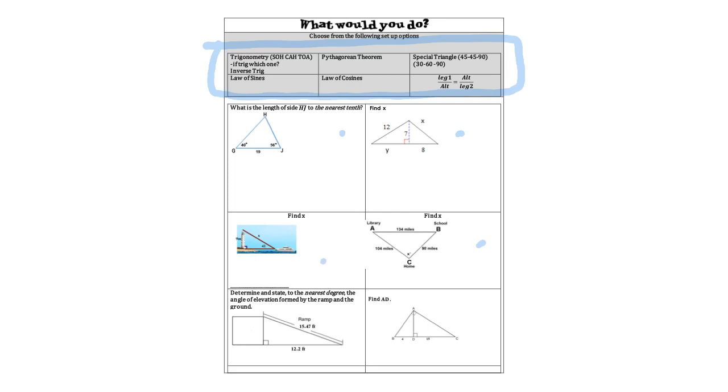for each problem. So for example, on the first one, I see that it's not a right triangle. So I always look for that first. So I know not right triangles, got to use law of sines or law of cosines. Well, it has two angles and one side. And I think about my equations.